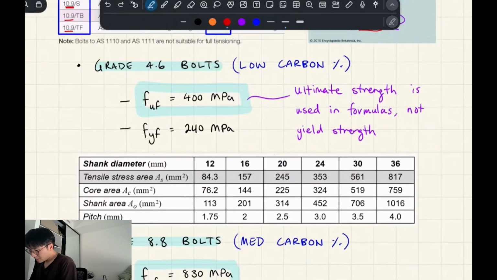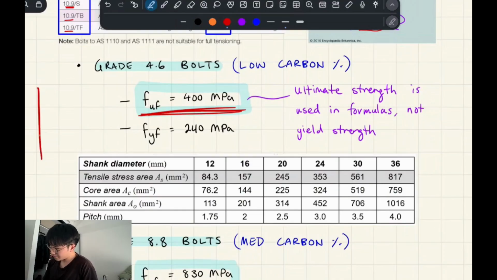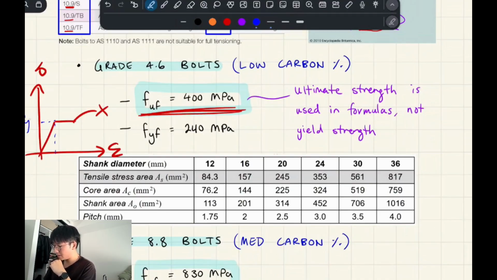Okay. So we use the ultimate strength of the bolts. The bolts are designed to fail in a brittle manner. So it's the ultimate curve. If you remember the steel material curve, for tension, I'll just draw it out first. Something like this, right? In tension design, sometimes we have two failure modes to consider: the yield strength, and then also the ultimate strength.